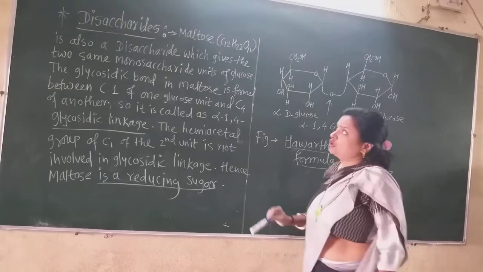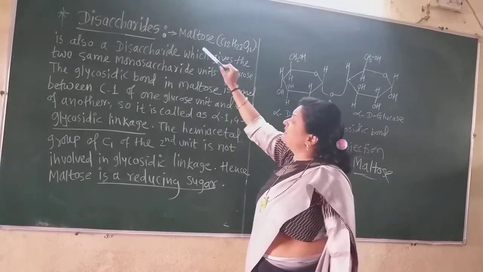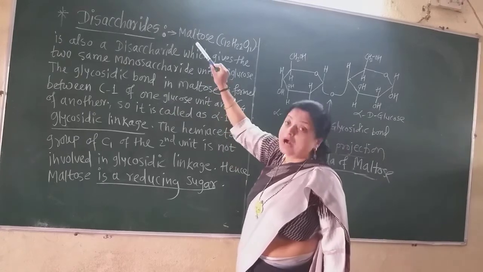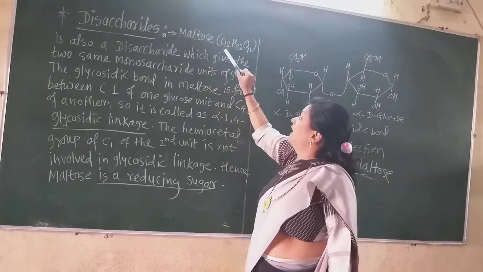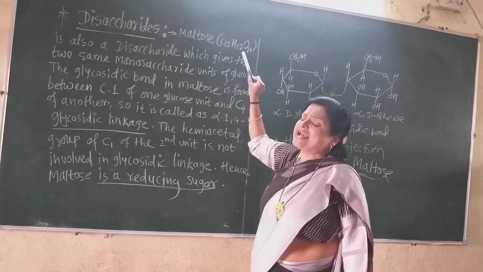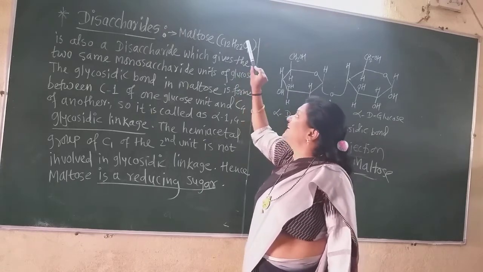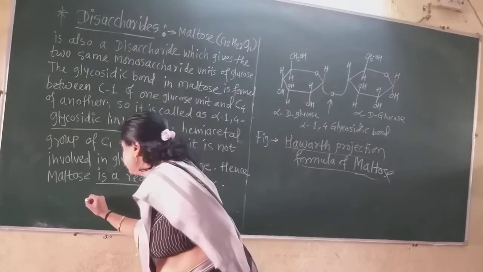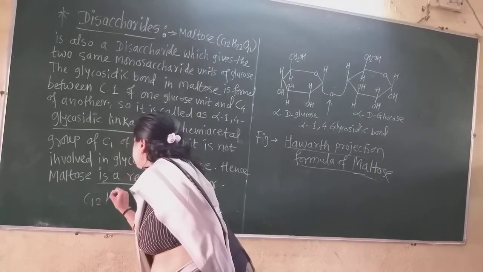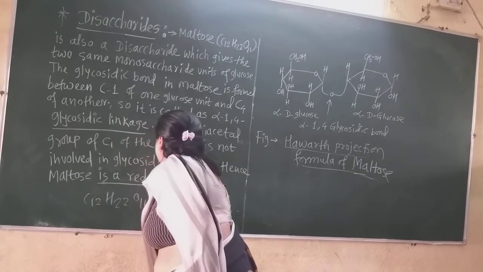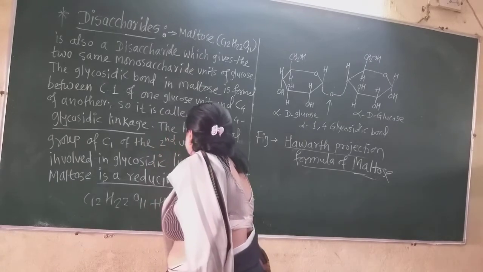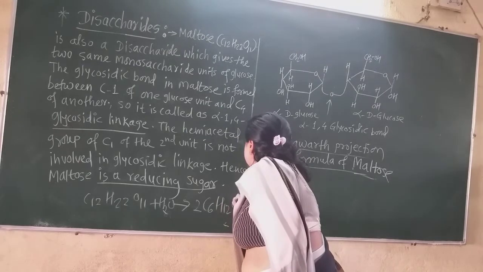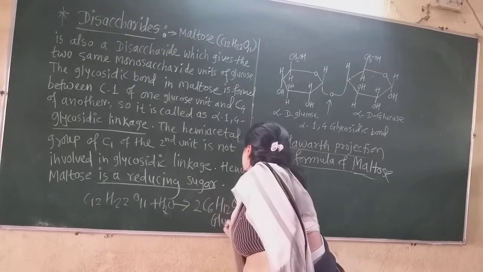Now see here also, these 2 molecules of glucose, monosaccharides, joined into maltose, the disaccharide, have the same molecular formula as sucrose, C12H22O11. Maltose, C12H22O11, on hydrolysis gives C6H12O6, that is glucose.